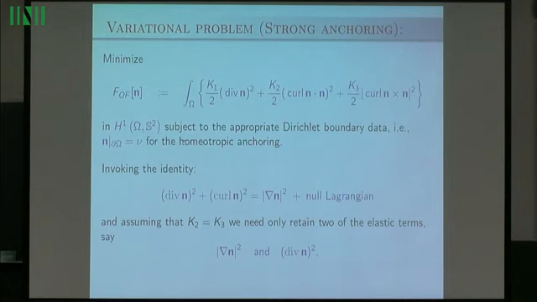So if two elastic constants K2 and K3 are the same, so that twist and bend terms are penalized in the same way, they both can be combined in a curl squared. And so then we can always rewrite this energy just in terms of the gradient of n squared and the divergence of n squared. So n again has unit length, so there is a constraint here.